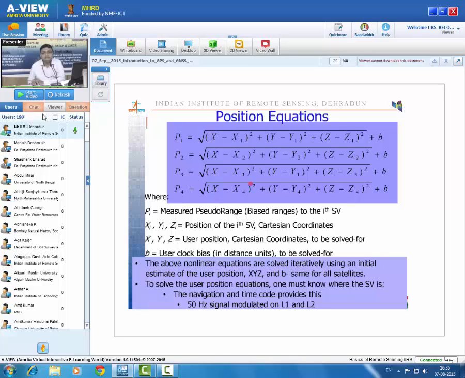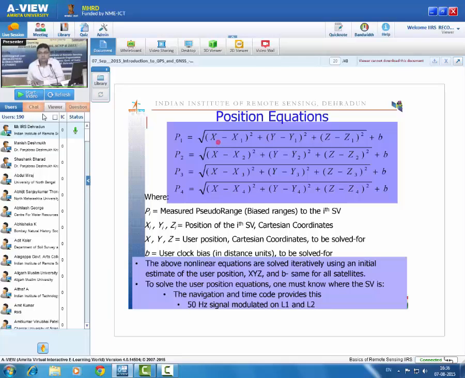So x, y and z, these are the coordinates of the receiver, whereas x1, y1, z1 are the coordinates of the satellite 1, which are known. x2, y2, z2 are the coordinates of the satellite 2, x3, y3, z3 are the coordinates of the third GPS satellite, x4, y4, z4 are the coordinates of the fourth satellite.